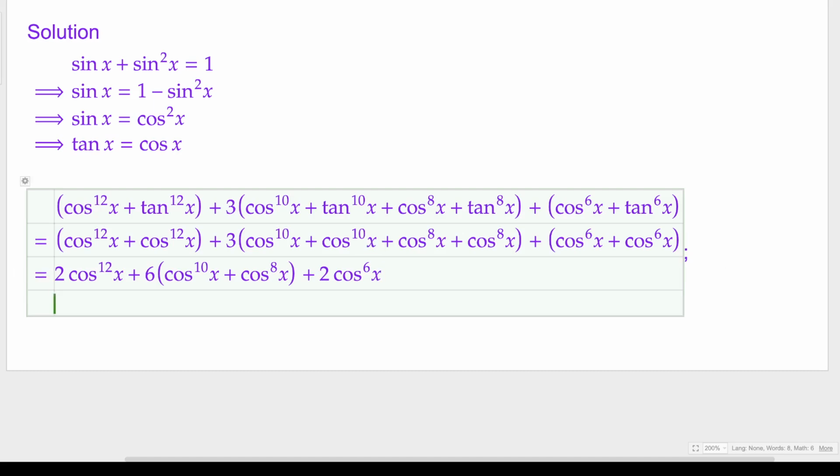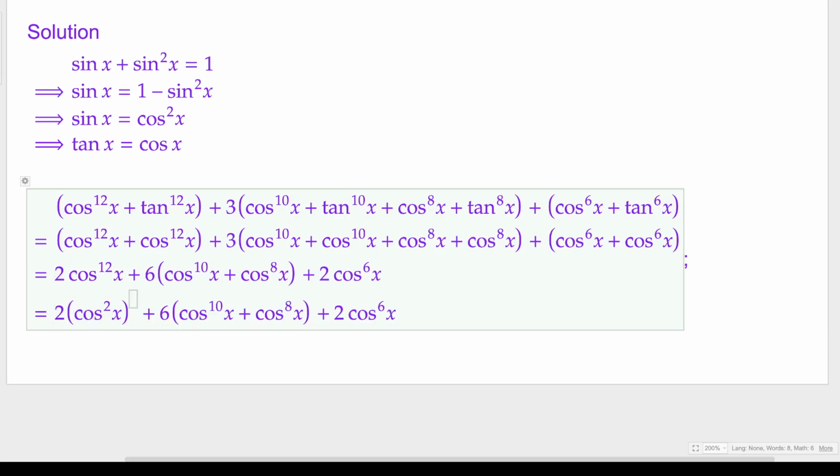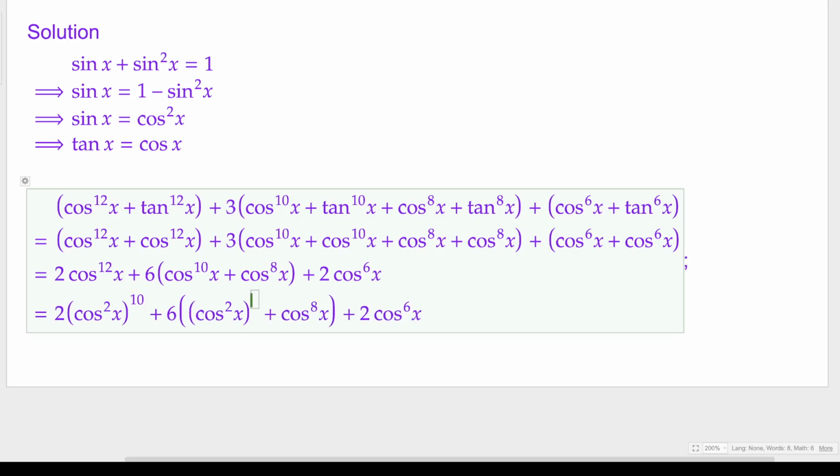Now on this part, I'll try to resolve this one as well. So this power 12 can be written as cos x squared, and on this I can take the power of 10. Similarly for this one here I'll write power 2, and on this I'll raise the power by 5. And for this power 8 I'll write cos square x, and on the power of this I'll mention 4.